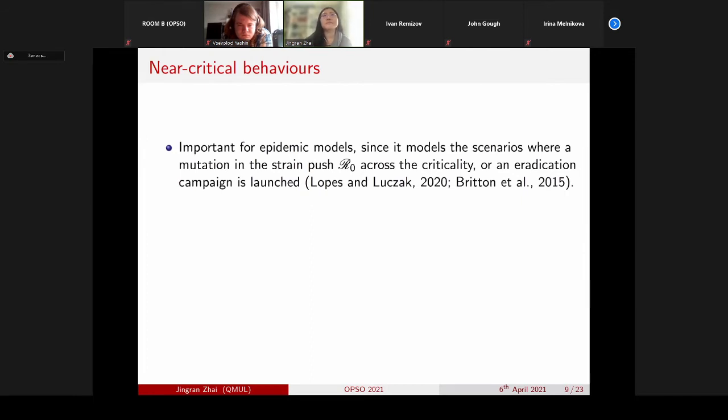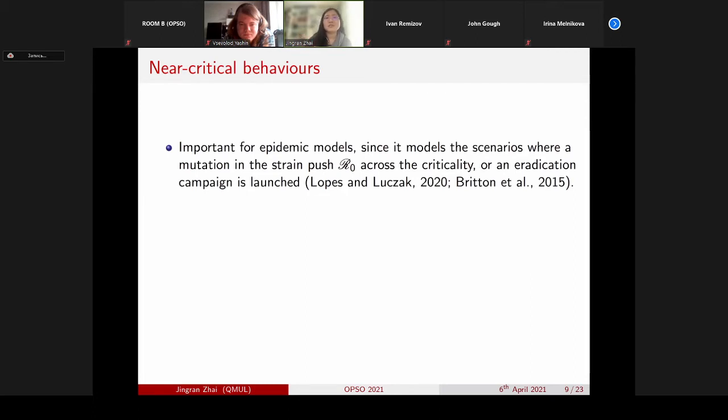In the case of the SIRS model, researchers soon realized that the approximation, like in the previous slides, will no longer be accurate if lambda_0 is very close to 1. And this motivates us to study the near critical behaviors, which means the parameter tends to criticality as the population size n tends to infinity.